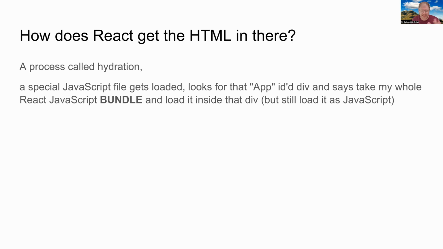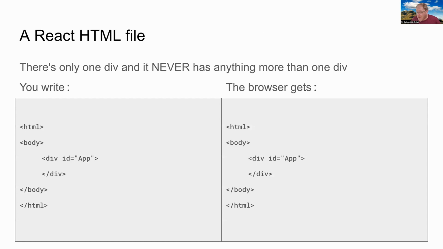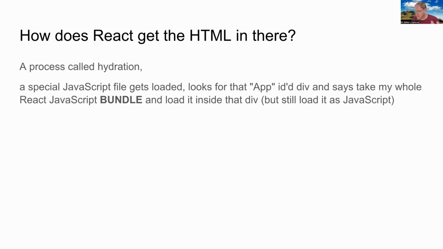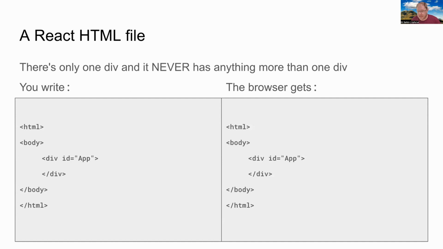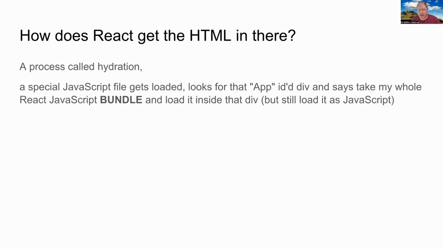There's lots of things that can bundle your React JavaScript into one file or a couple of files that get loaded as they need to be loaded. But they aren't HTML, right? They're just some big file, and you don't see it in the HTML code.